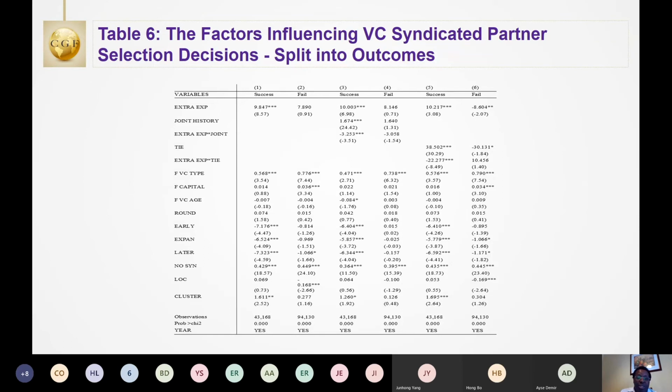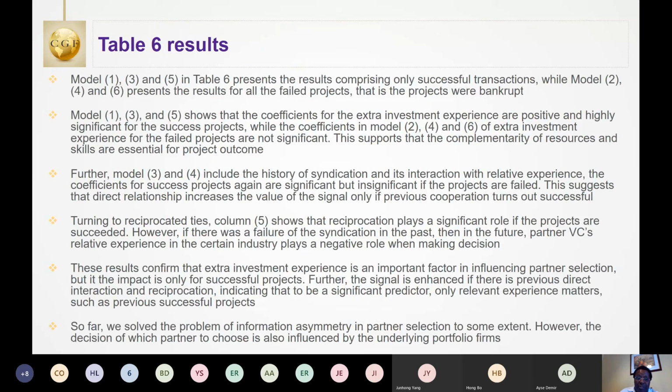This is supporting the extra experience, which looks at venture capital firms coming together to pool resources and experience. But the heuristic could be that the partner VC would have more relevant experience than the leading firm. And so basically, success or failure is an important variation in this, with plausible results.